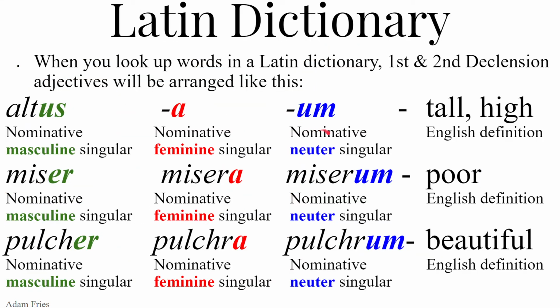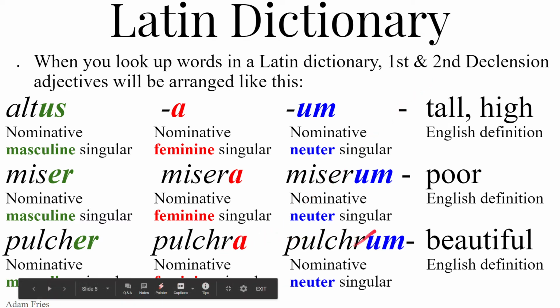And then the last flavor for first and second declension adjectives, they're called that because they use first and second declension endings. Yes. Pulcher, pulchra, pulchrum, meaning beautiful. Once again, to get the stem, you chop off the a or the um. Don't go to that masculine. That's deceptive. Pulcher, er. Pulchra, pulchrum. Notice the e drops out.